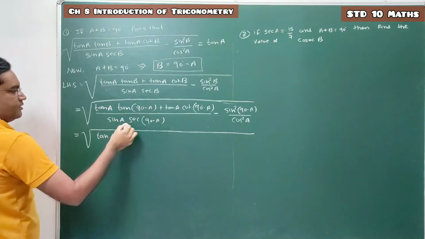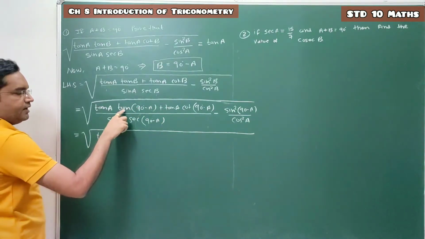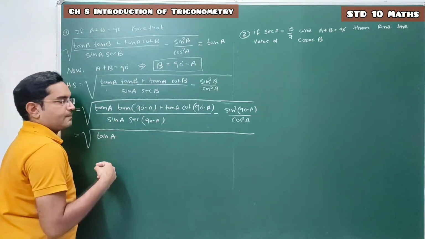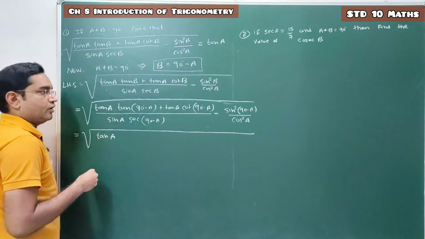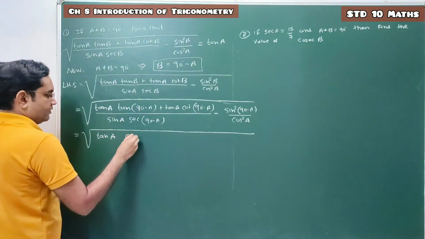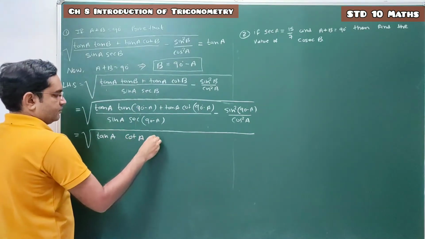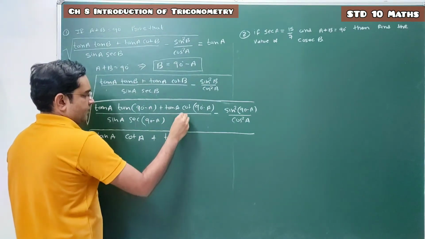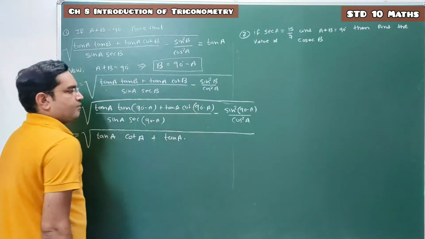So this one is tan a. Now tan 90 minus a, this trigonometric ratio is converted into its complementary. So complement of tan is cot, so this one is cot a plus tan a into cot 90 minus a.